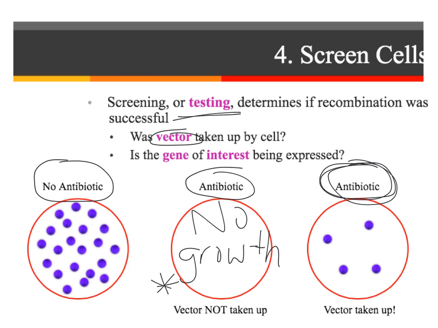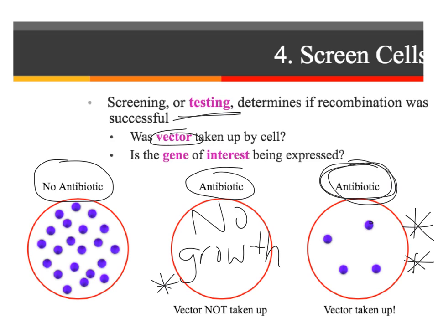Our last situation, this is the one that we're interested in. Anything that grows on this plate, it has antibiotic. If the bacteria is growing, it means it took up the plasmid, it is expressing the gene of interest, and also it is resistant to antibiotics because we added that.